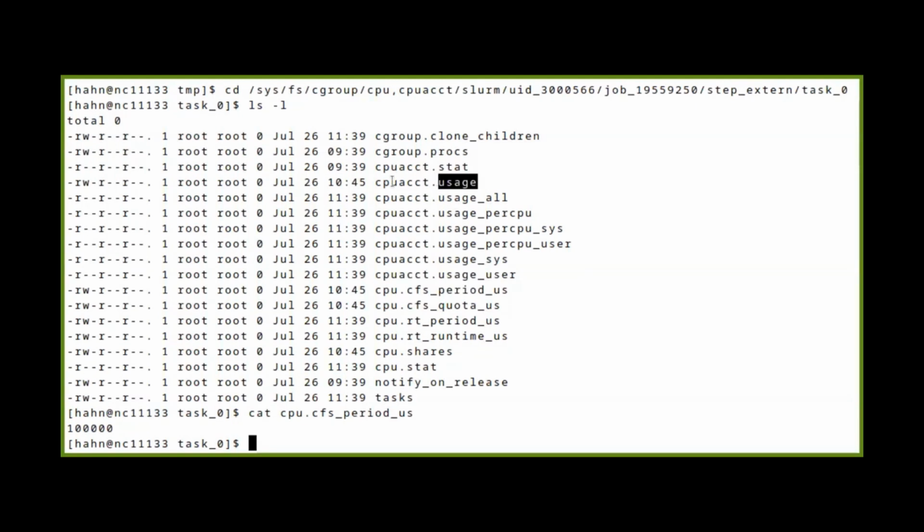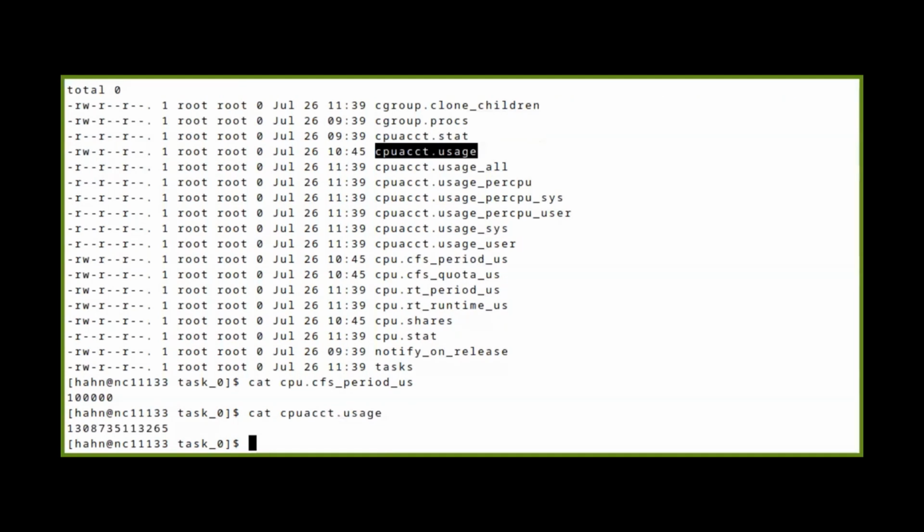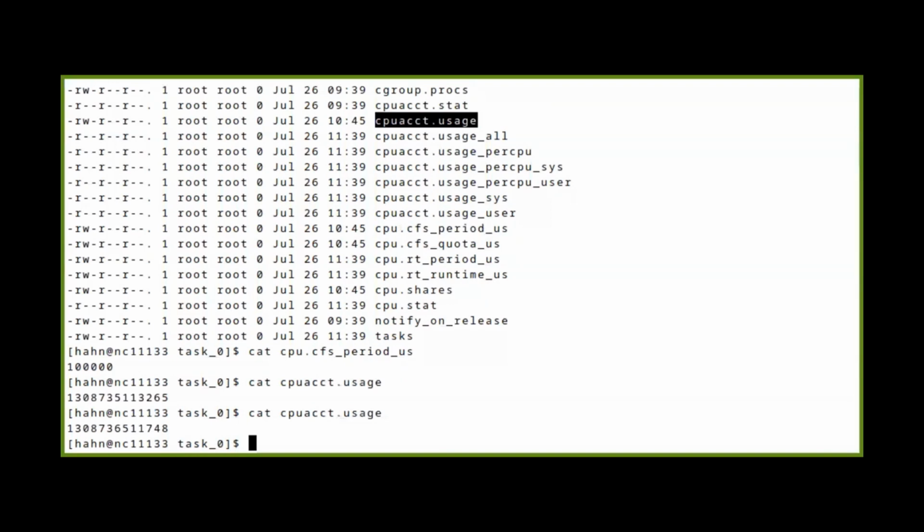The main thing I wanted to show is actually this CPU accounting usage. This is one of these counters that just increments. So if I do it again, it'll have incremented a little bit.